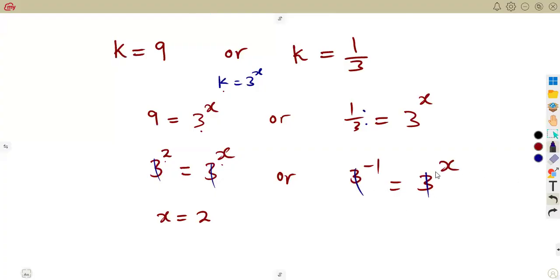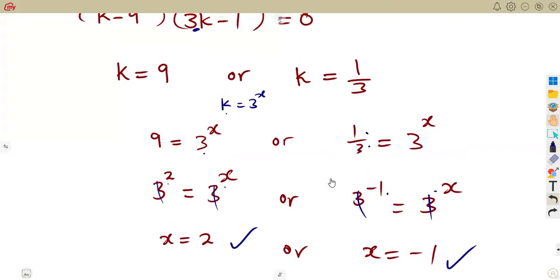The bases are the same, so x is equal to negative 1. So the possible values of x that we obtain from that simplification are 2, or x equal to negative 1.